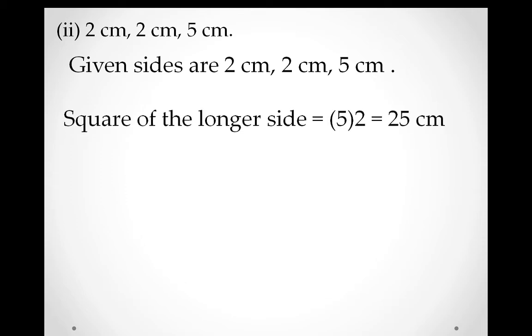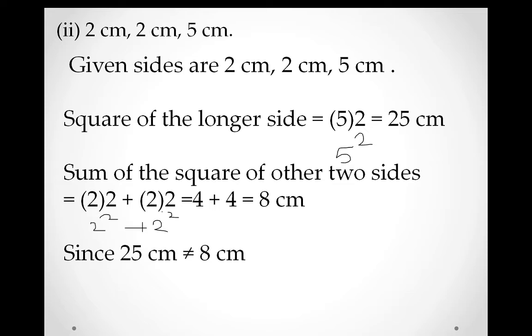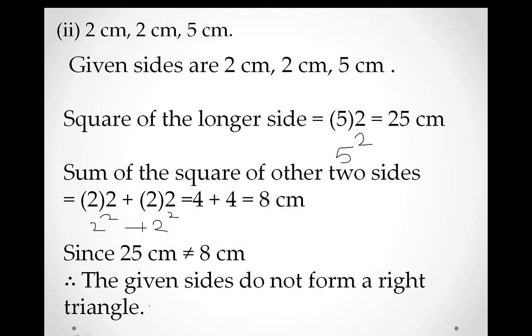So the square of the longer side, 5 square, is 25 centimeter, and the sum of the squares of the other two sides is 2 square plus 2 square, which is 4 plus 4, that is 8. Since 25 centimeter is not equal to 8 centimeter, the given sides do not form a right angle.